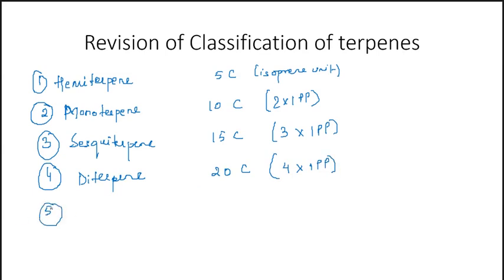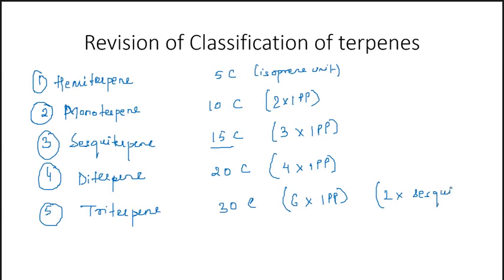Fifth is triterpene. Triterpene will have 6 isoprene units. Two sesquiterpenes when combined together form a triterpene.